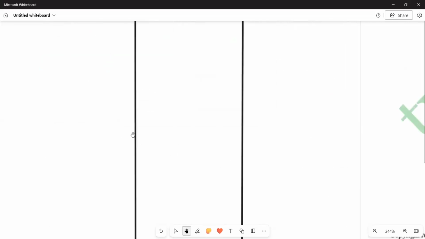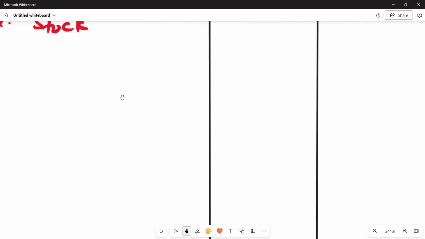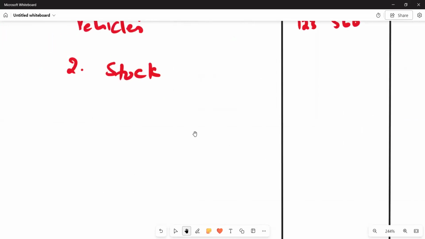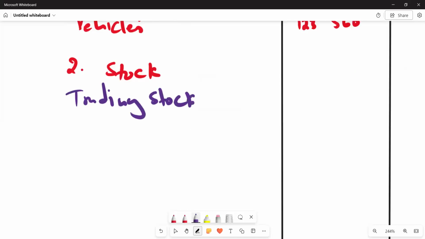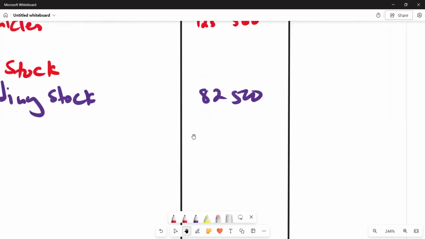So we come here and we say trading stock, and the amount that we have is 82,500. That's the only stock that we have, so we are just going to put it as the total for stock because it's only one.